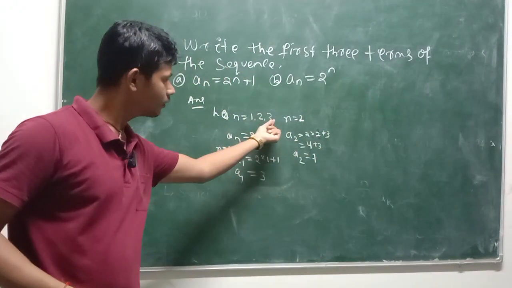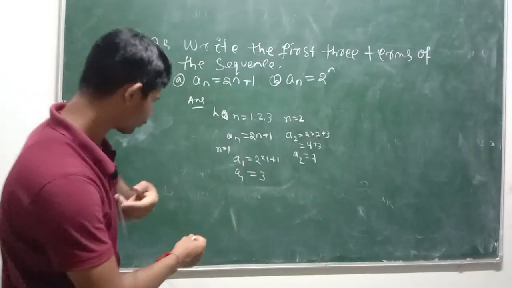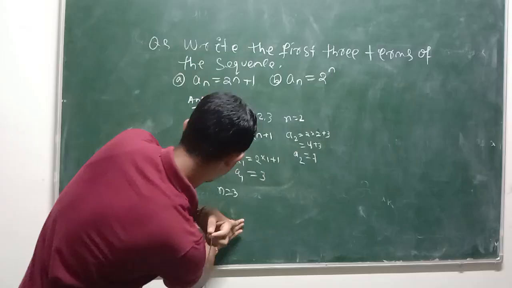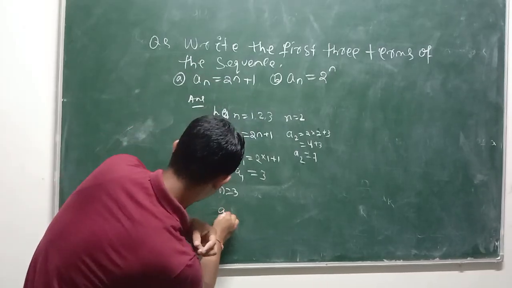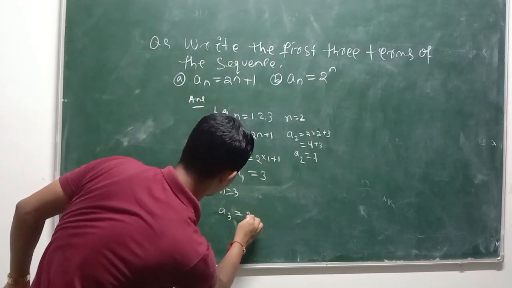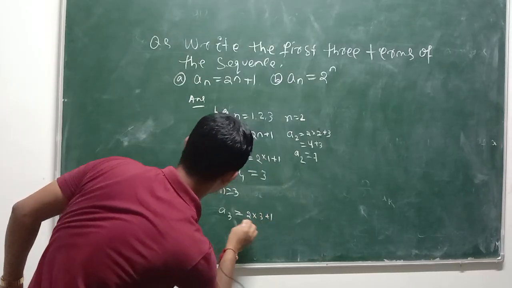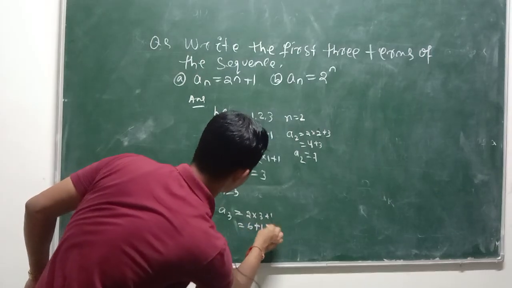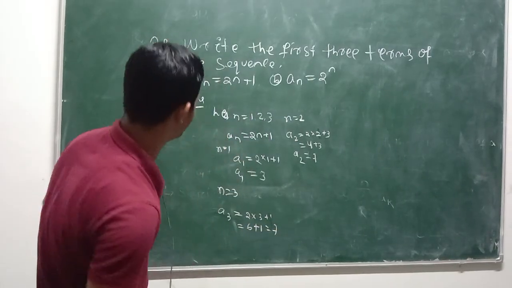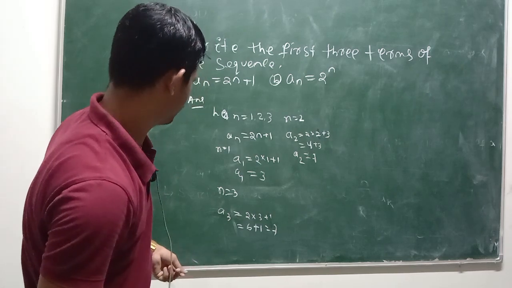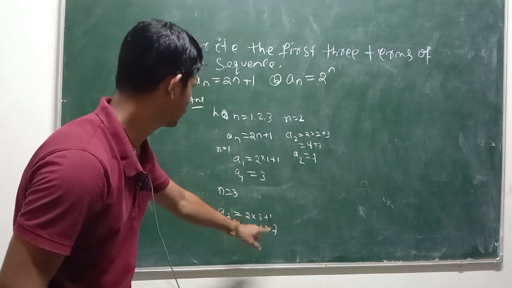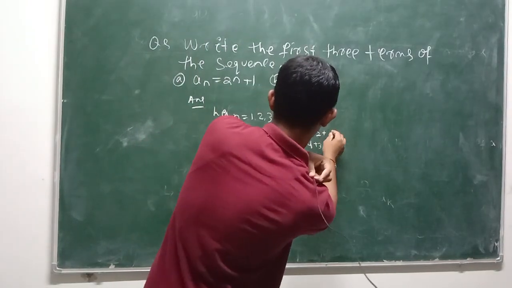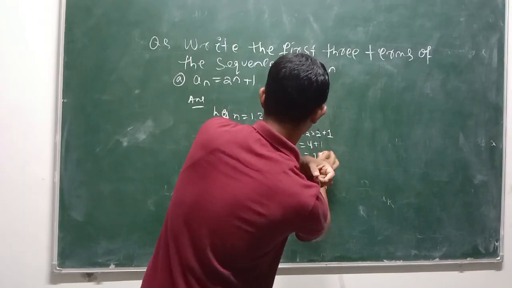Then next if we put n is 3, here we will do a3 is equal to 2 into 3 plus 1. 2 threes are 6 plus 1 is equal to 7. Yes, 7. So please forgive me, my dear students, for the mistakes earlier.